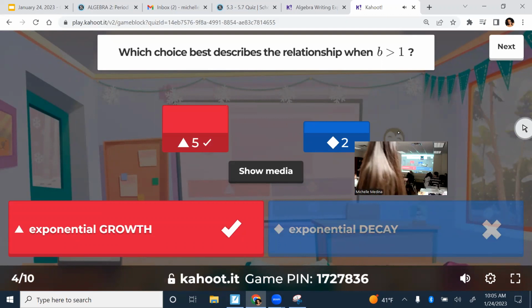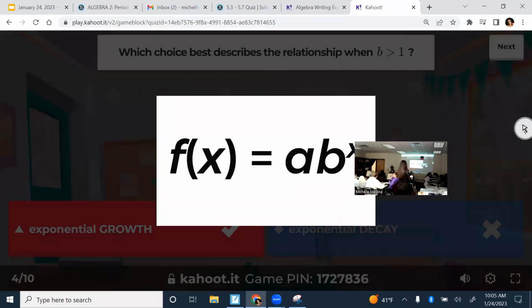All right, we just talked about this. So here's some notes you could take down that might help you remember that. What's the formula if it's growth? 1 plus R, close parenthesis to the T power.